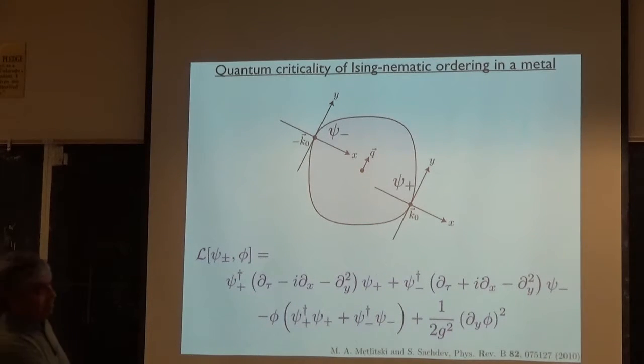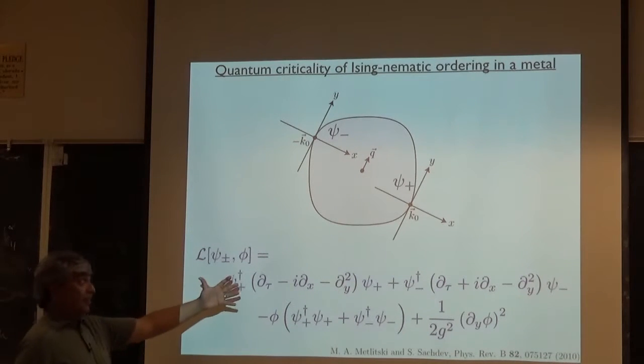Then this Yukawa coupling that I wrote before just becomes this, it looks like a Yukawa coupling. And phi is dispersing in the y direction, so it's just d by dy phi squared. You can add a d by dx phi squared, but it makes no difference, it's irrelevant. So this is the theory then, now written as a field theory.